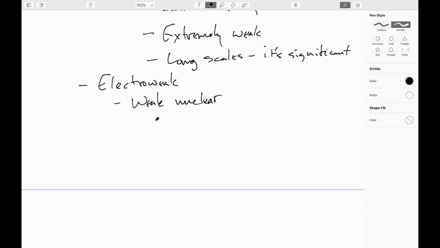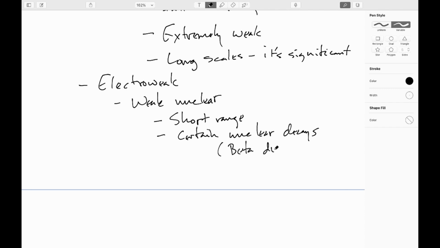Now the weak nuclear force has a very short range, basically on the order of the width of a proton. Its main claim to fame is that it controls certain nuclear decays. Probably the most famous of these is beta decay.